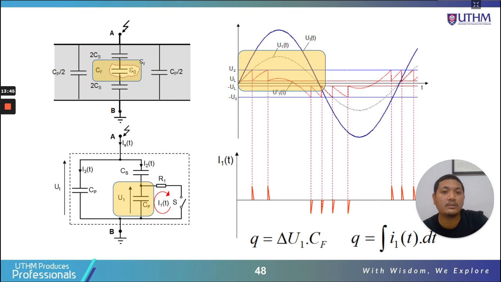Because the electrical strength is weak in the air pocket, when it arrives at a certain value, for example uz, discharge happens.